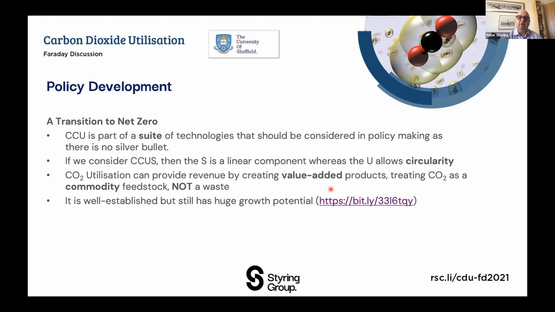We have to remember that the S in CCUS is a linear component and that it's waste treatment, whereas the U is a value added component where we recycle the CO2 to make a commodity. So in this case, it's a feedstock and not a waste. It's a well-established technology, but there is still great potential for growth.